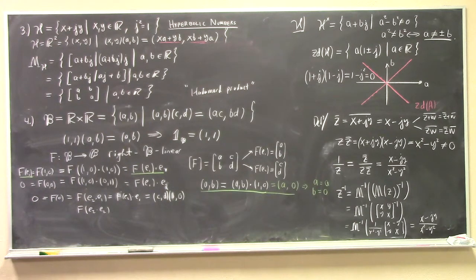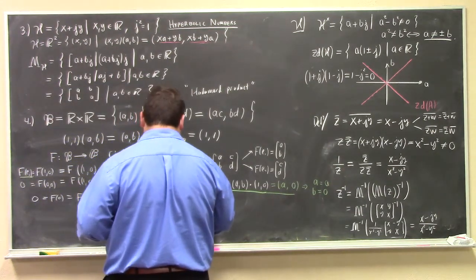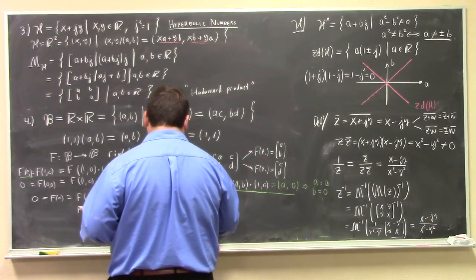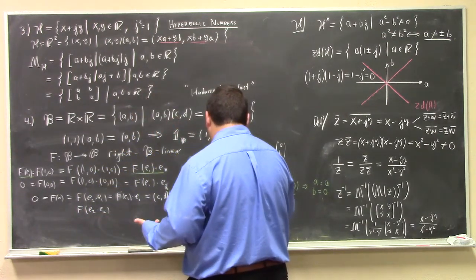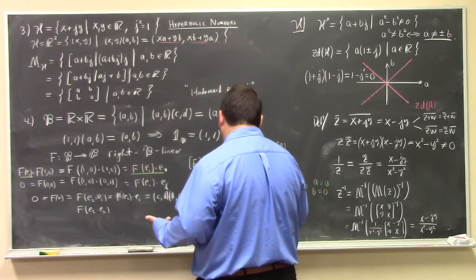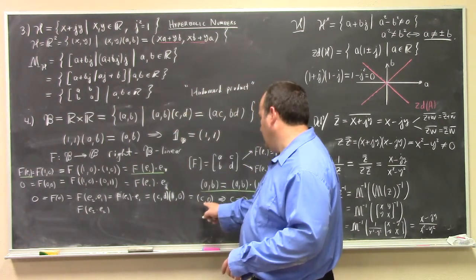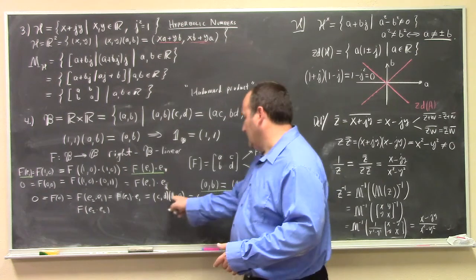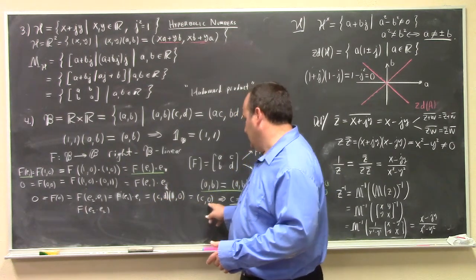What does this tell us? CD times 1, 0 equals 0. This gives us C comma 0, which tells us that C is equal to 0, but it doesn't tell us anything about D. Because C times 1 is C, and D times 0 is 0.